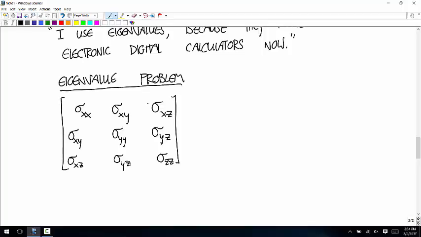If you multiply that by an outward facing normal vector, we'll call that nx, ny, nz, that is equal to some constant times this outward facing normal.